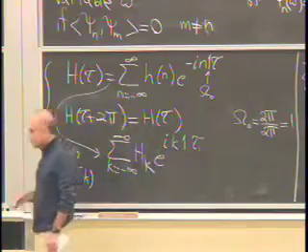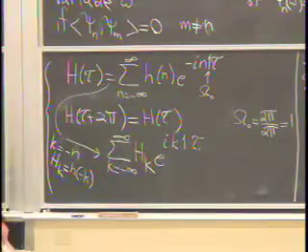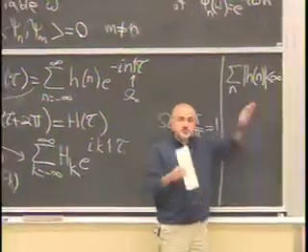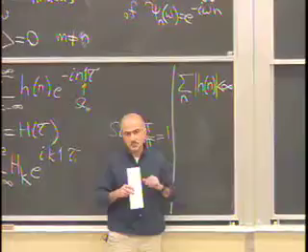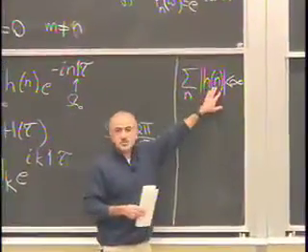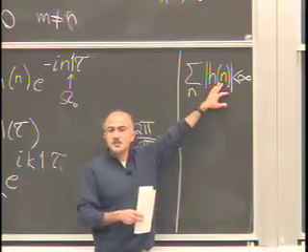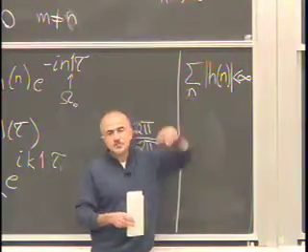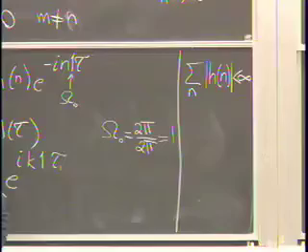It must be, otherwise we run into trouble. There are signals for which this is not true, and then we have to relax certain things, and we'll deal with those. Periodic signals, for example, if h of n is some periodic signal, cosine of omega naught n, that's obviously not absolutely summable, and yet we can define a Fourier transform for it, and we'll talk about that. But yeah, that's a very good observation. You've got an infinite sum. That sum won't converge unless h of n is absolutely summable.